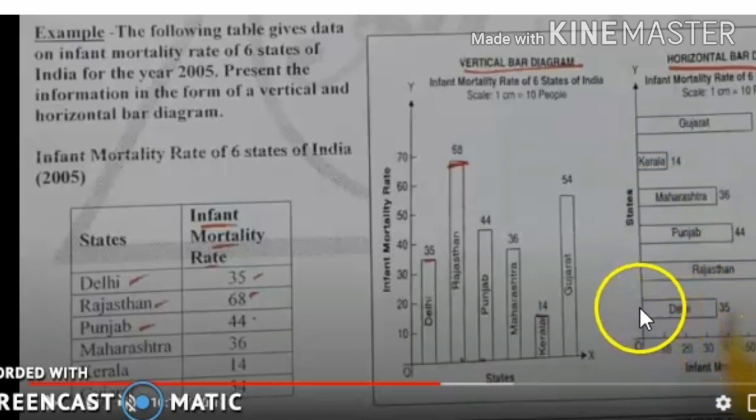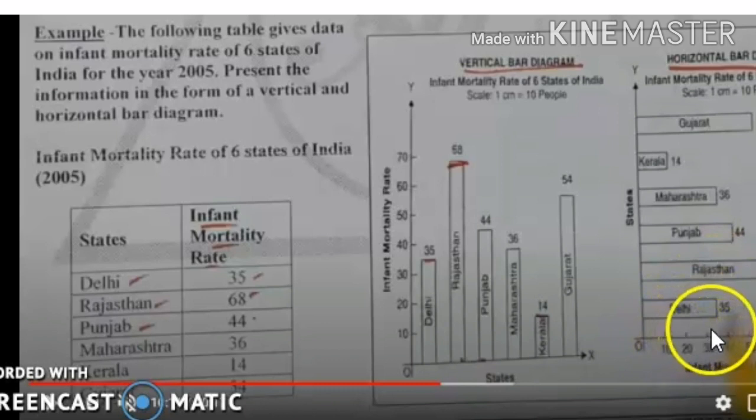So you have to turn the scale to horizontal form, put the scale at 0 here and mark 35. Then by giving 1 centimeter or 0.5 centimeter space, you mark again one bar as 68 for Rajasthan, and here Punjab 44, mark 44 here.